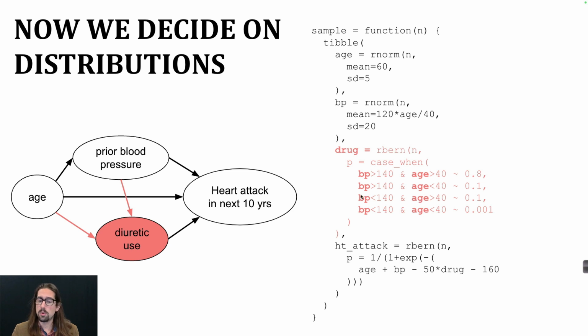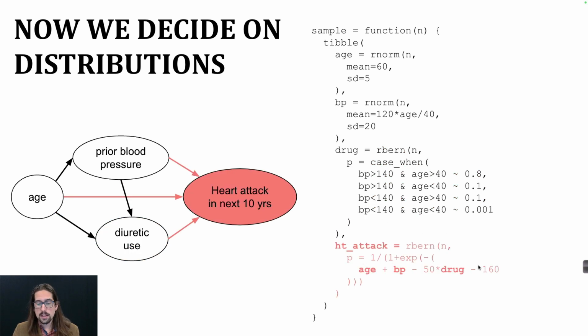Similarly, for older people who have low blood pressure, there's not much reason to intervene. And if somebody's young and has very low blood pressure, there's very little reason to intervene. But there's still some positive probability here. Why? Because diuretics are given for lots of reasons, not just for blood pressure. So this reflects that there's some other random stuff affecting whether or not somebody's getting diuretic use that doesn't have to do with what I've measured in this data set.